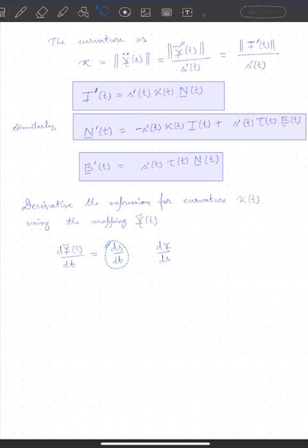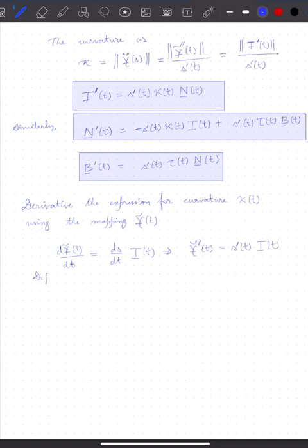Since this norm is 1, it represents the tangent vector, so we can write it as ds by dt into some tangent vector t. Of course, we'll have gamma tilde prime of t equal to s prime as a function of t times the vector t.